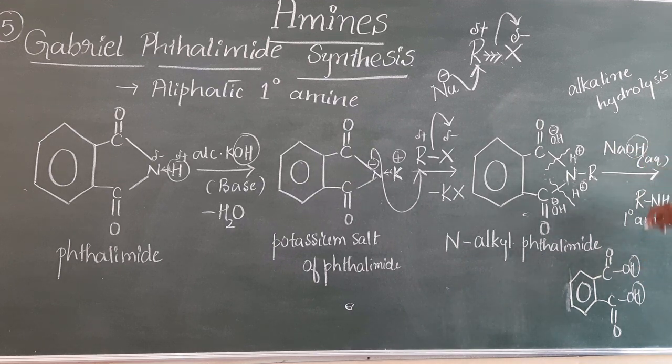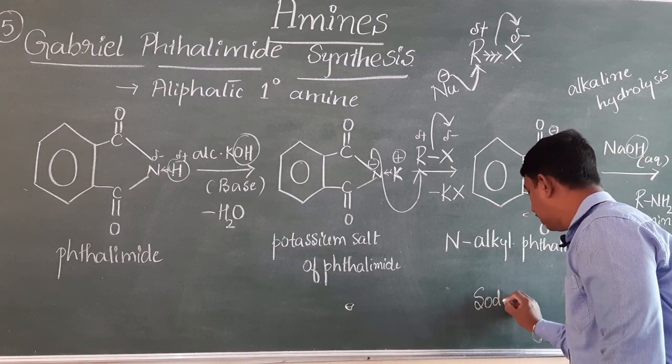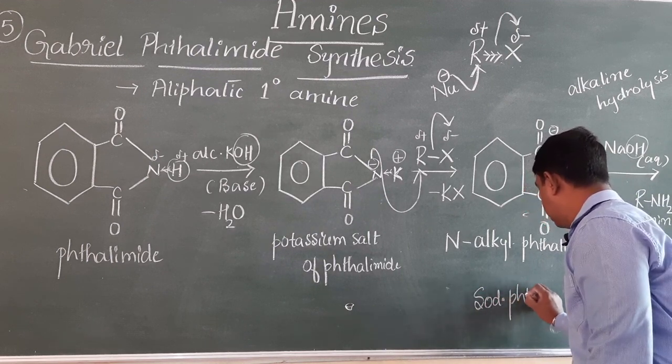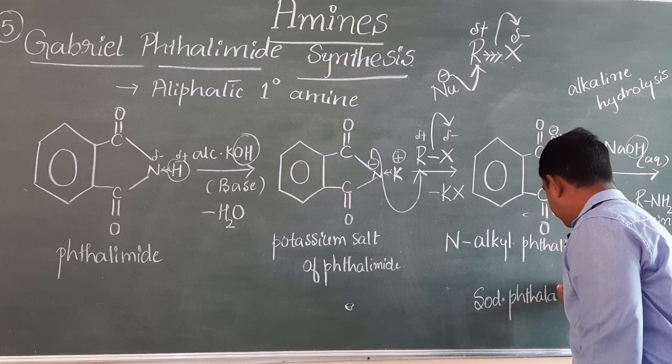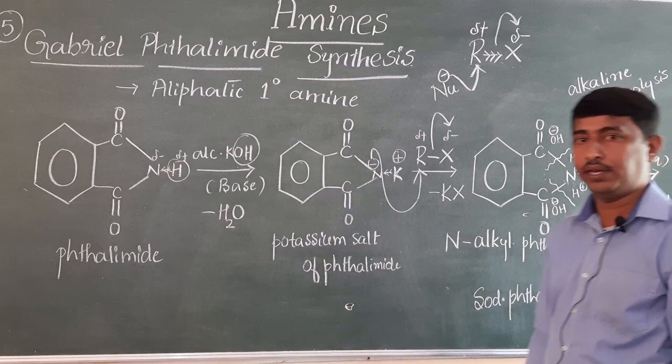H plus and OH minus combine to form water, and after removing the water we get ONa here and ONa here. This is the sodium salt of phthalic acid, called sodium phthalate. Sodium phthalate is the compound obtained along with the primary amine.